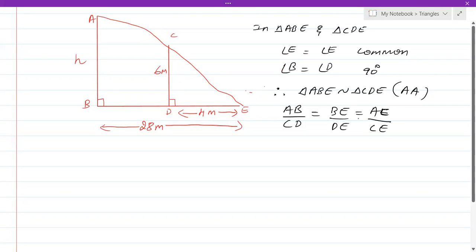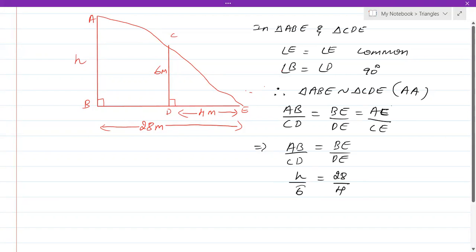In this, we don't need this AE by CE. Let's take only the first two things. AB by CD is equal to BE by DE. So AB value is H, the height of the tower, and CD value is 6 meter, and BE value is 28, and DE value is 4.